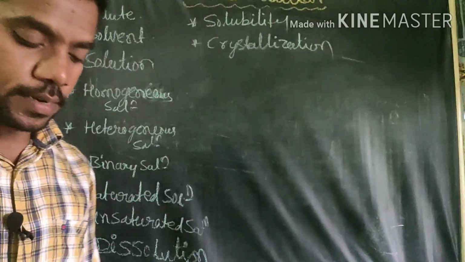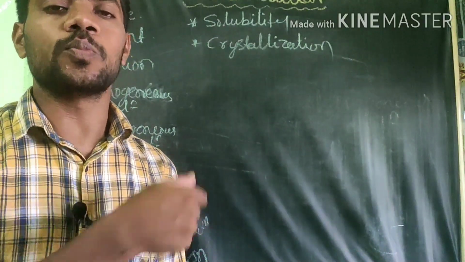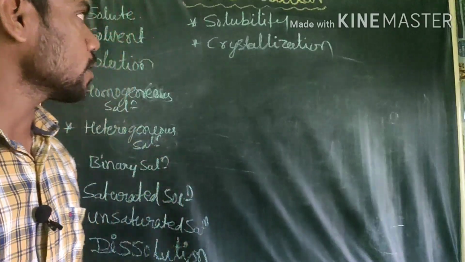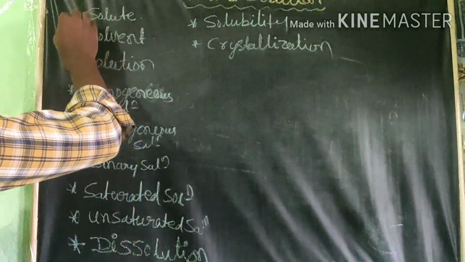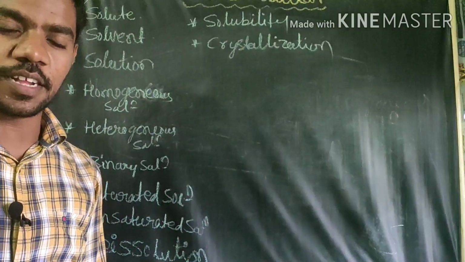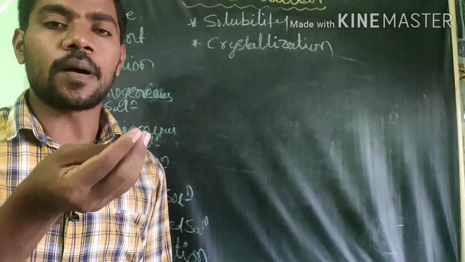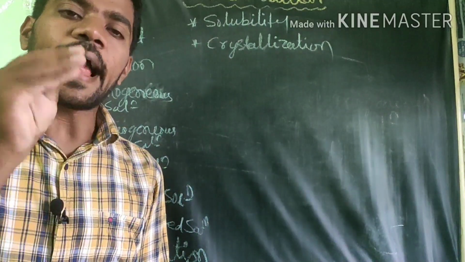After learning some basic things, we have to build some words. First one, solute. What is meant by solute? Already we learned that. Solute means the substance we are adding.